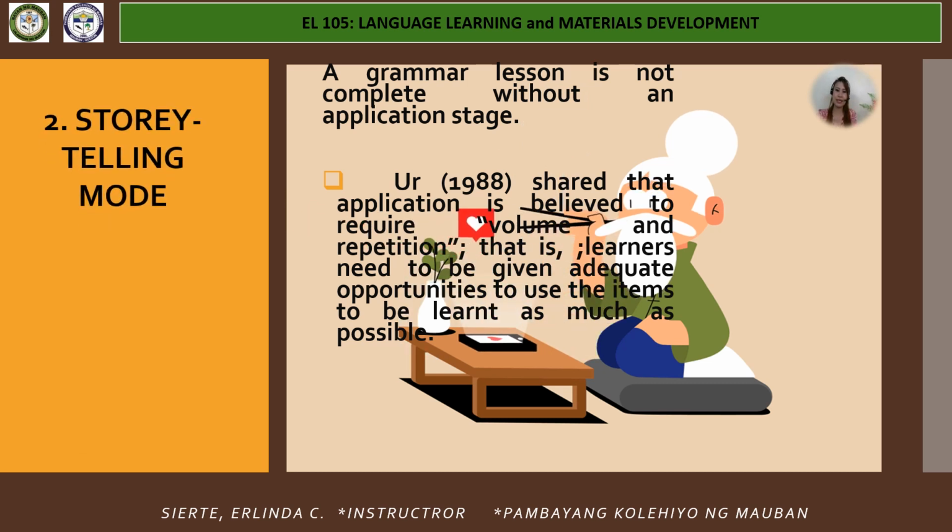So that is the storytelling mode, where teachers should help learners make the leap from form-focused accuracy to meaning-focused fluency after explicit instruction, by providing a variety of practice activities that will familiarize the learners with structure in context, giving practice both in form and communicative meaning.